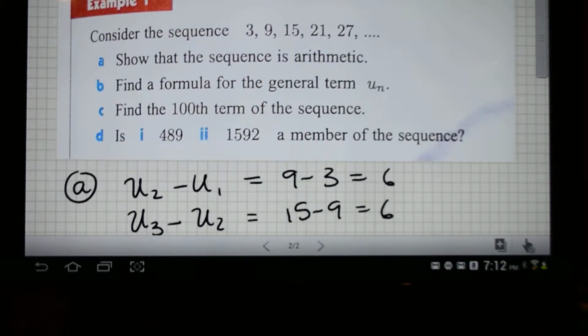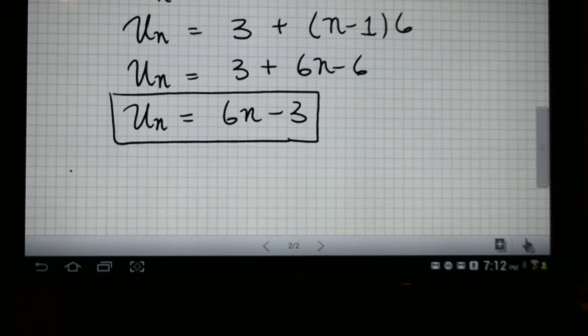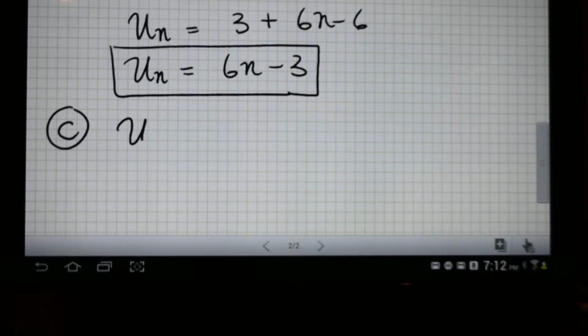So we did A, and we did B. So let's do C. Find the 100th term. I was just making up the 100th term, but now finding it is easy because we already have the formula. To find the 100th term, we're going to write it like this. U100 is equal to 6 times 100 minus 3, this n is the same as that n.